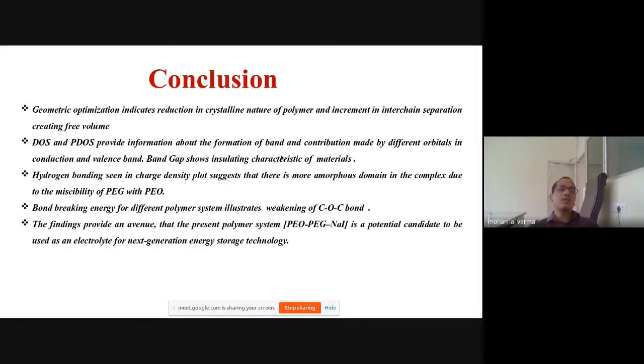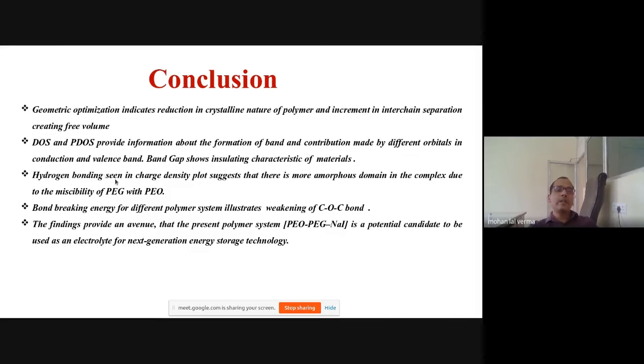As a conclusion, the geometrical optimization indicates a reduction in the crystalline nature of the polymers and an increase in interchain separation, creating free volume. So we are supporting the free volume theory for the enhancement of conductivity of the polymer by this theoretical study. DOS and PDOS provide information about the contribution of different orbitals and the formation of bands.